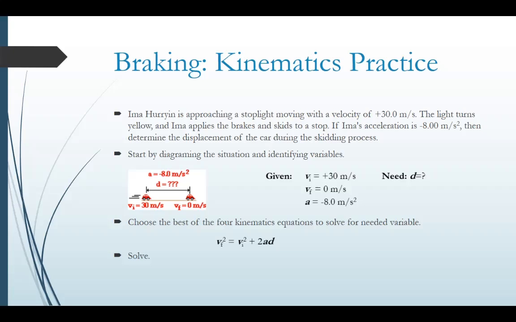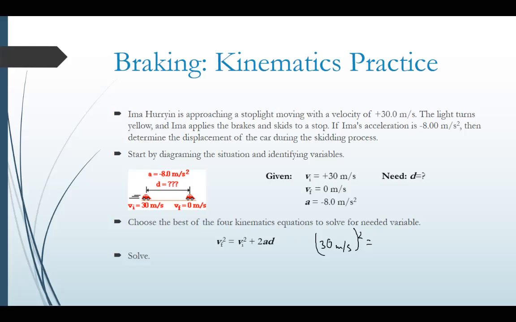So again, remember we have our givens. Oops, I'm writing too thick and dragging my pen. Let's try this again. All right, so we have VF, which we know is 30 meters per second. Wait, sorry. Let me erase that.